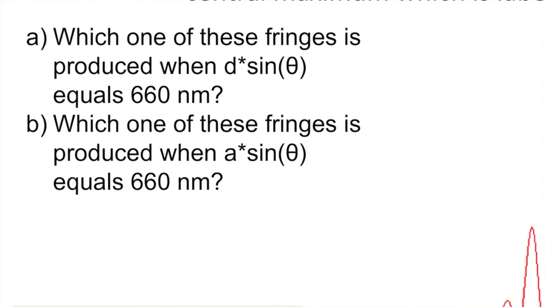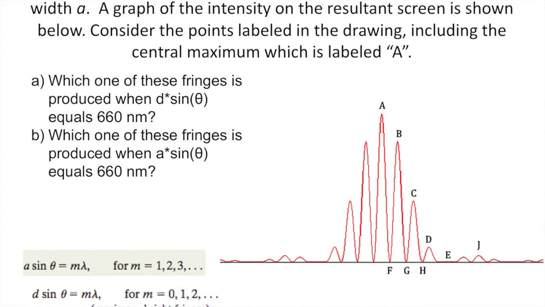A beam of monochromatic light with a wavelength of 660 nanometers, that's lambda, is directed at a double slit with a distance between the slits d and a slit width a. So that's a hint. It's giving you both values. That means both are in effect.